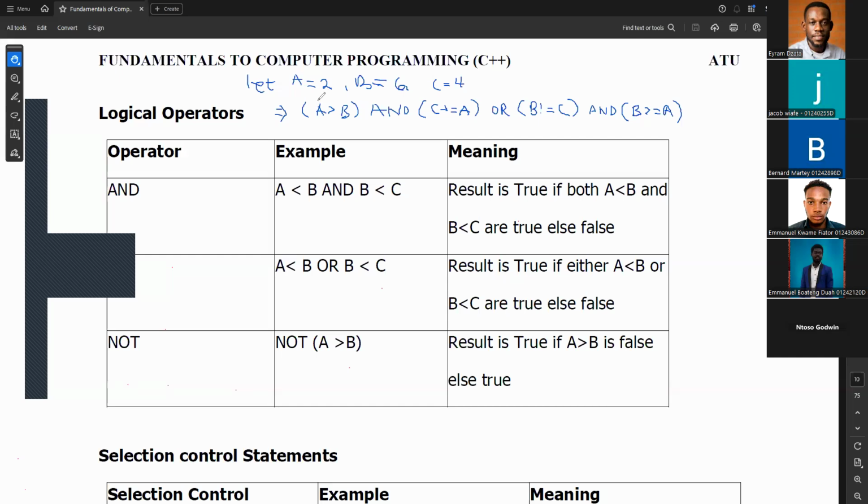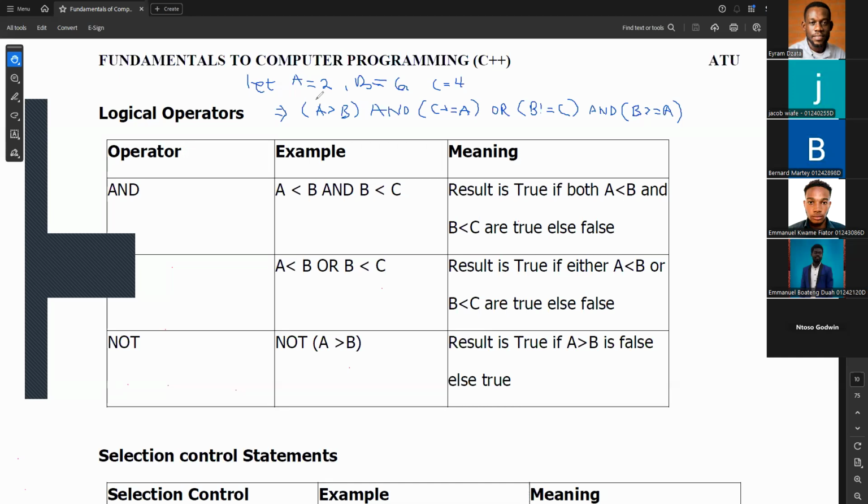Yes, the end statement. If A is greater than B and C is greater than A, meaning one it always compares to a group of words. So I can say A is greater than B is true because they were separate.